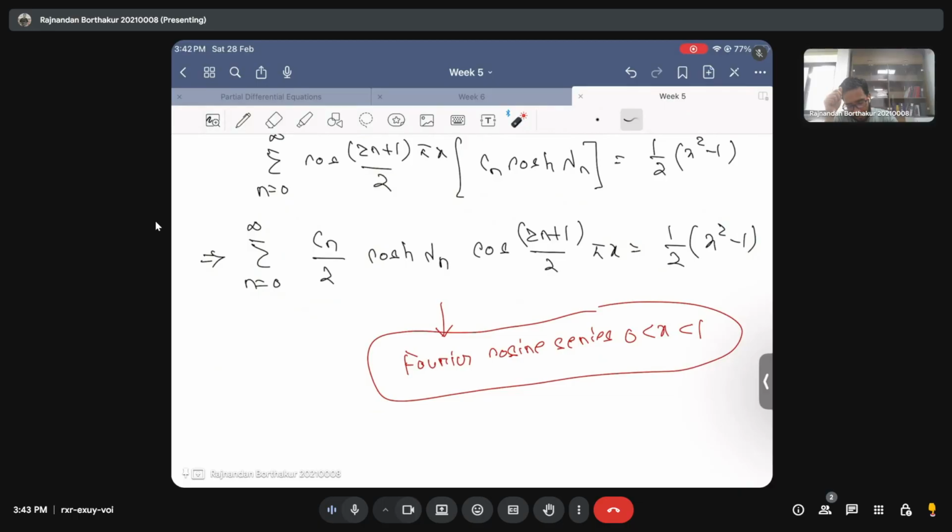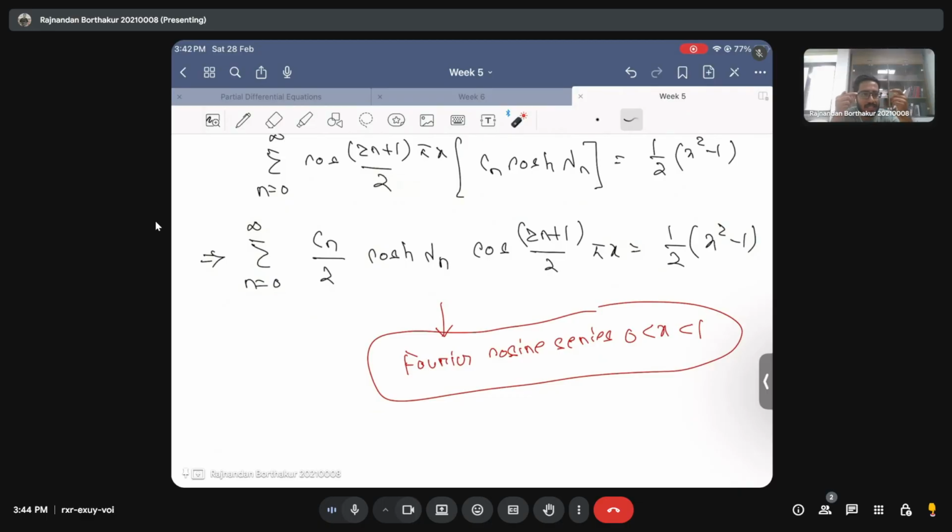But there is a concept. We know that when x goes from 0 to 1, you can equivalently write a cosine series as well as a sine series. In this case, it happens that it becomes a cosine series. But remember that there is the orthogonality interval of these cosine and sine functions.